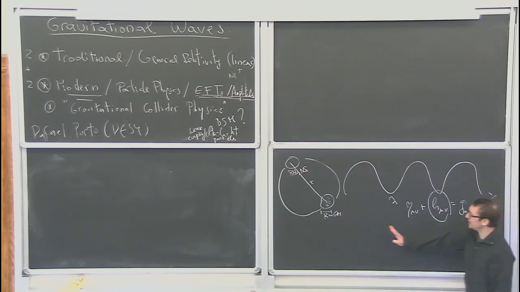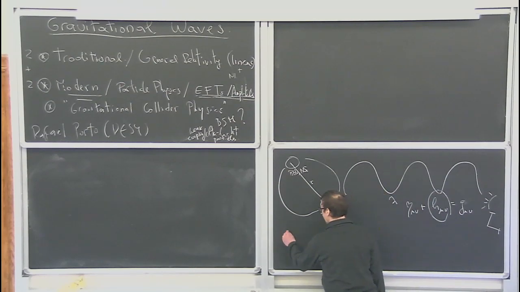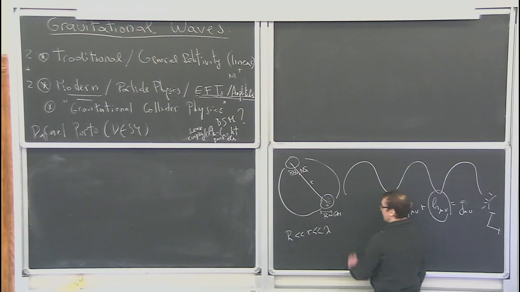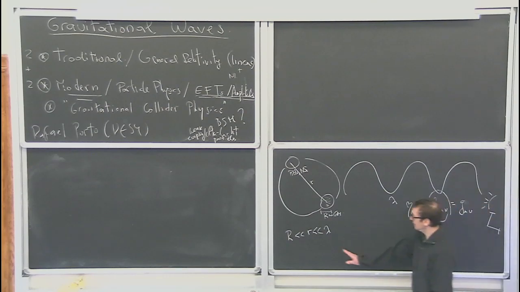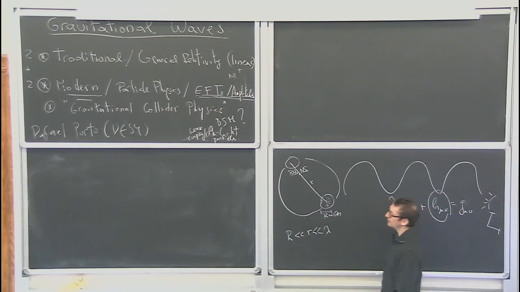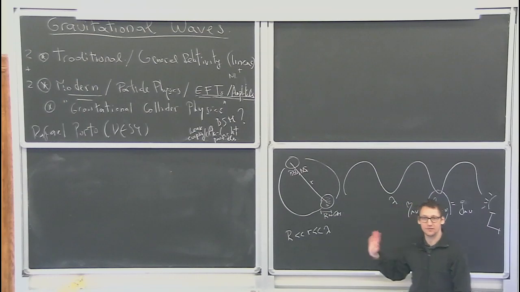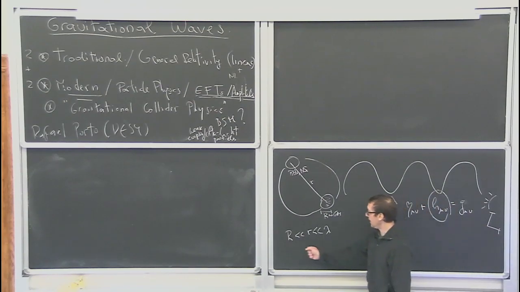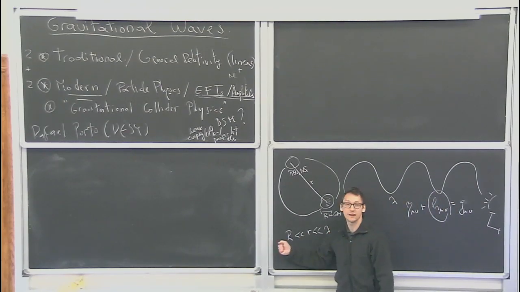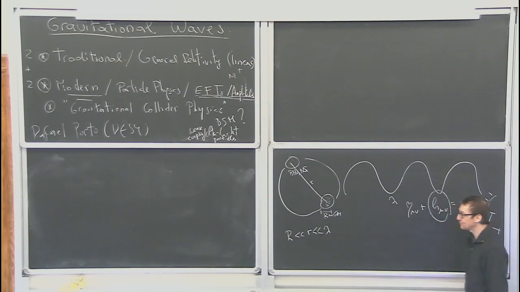I'm going to concentrate on a regime in which the size is much less than the separation and much less than the wavelength of the radiation, okay? And this is, when you see, if you're a particle physicist, and in particular if you're in effective field theories, the moment you see a problem, you tell me what are the relevant scales in the problem. That's the first thing you need to identify. And are those scales in a hierarchy? Are they separated, okay?